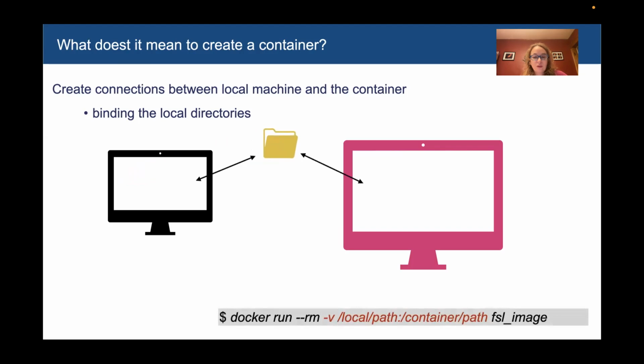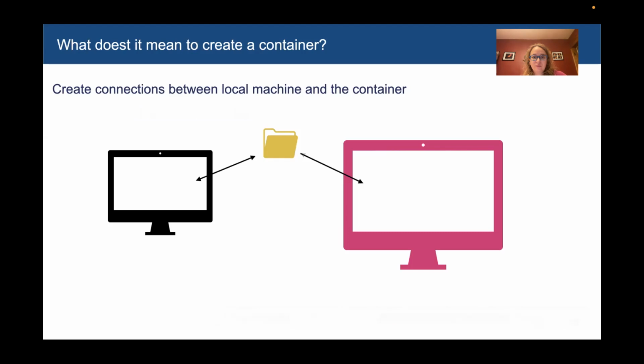To do this, you add the argument -v and provide the path to your local directory and also the path within the container for this directory. And that's when you allow your container to see your local files and directories.